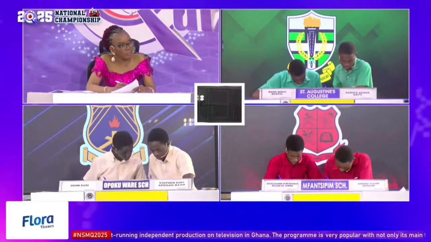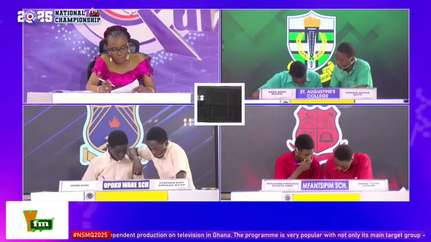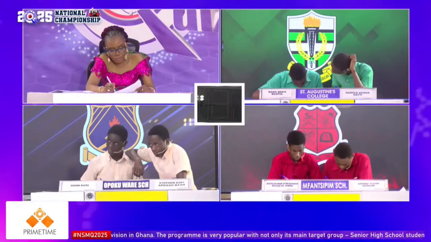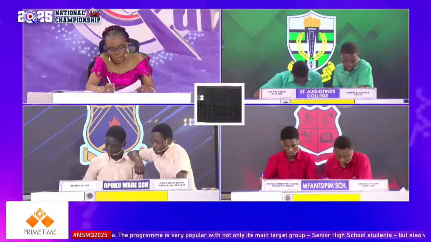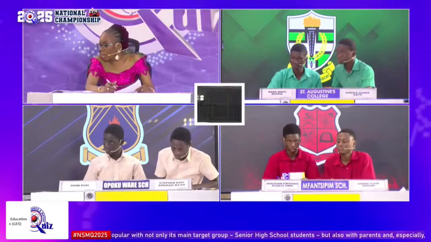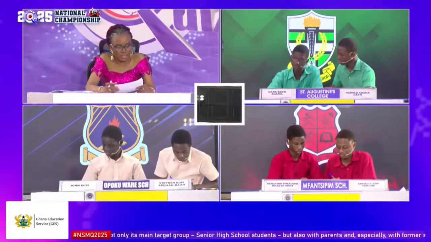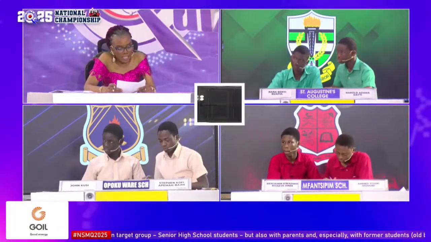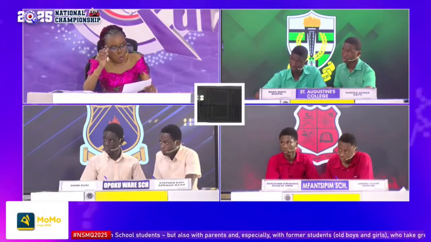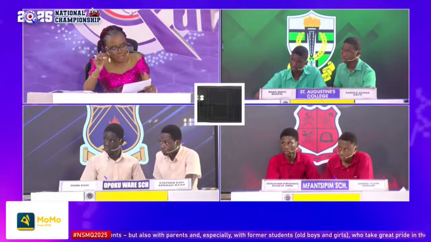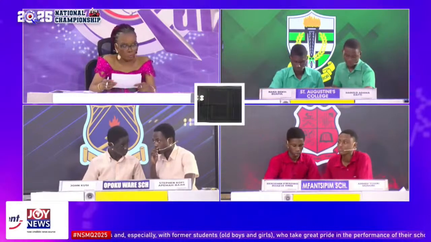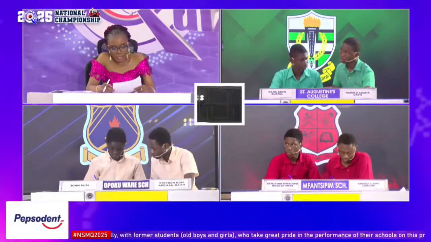Opoku Ware. 2.5 by 10 exponent negative 3 radians. That's incorrect. Did anyone else ring? No one else rang. The right answer is 0.09 degrees, or if you want it in radians, 2 times 10 to the power negative 3 radians. Not 2.5. 2.